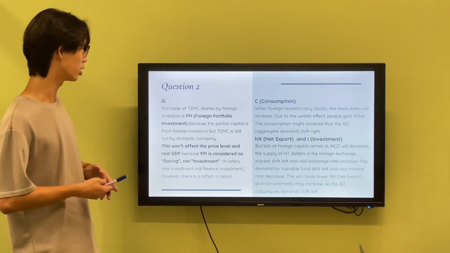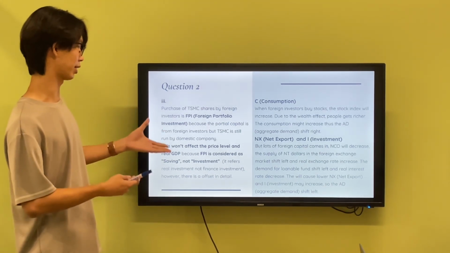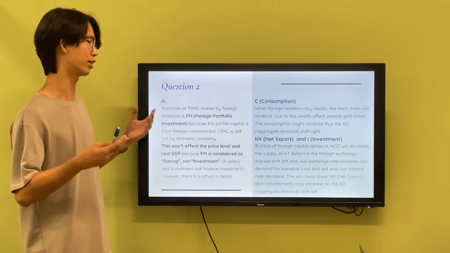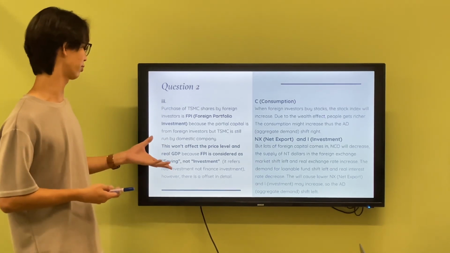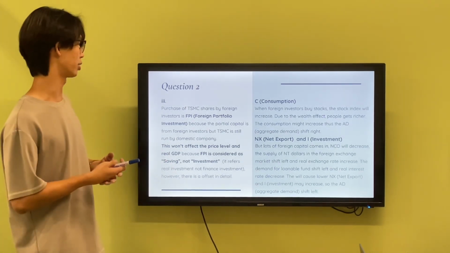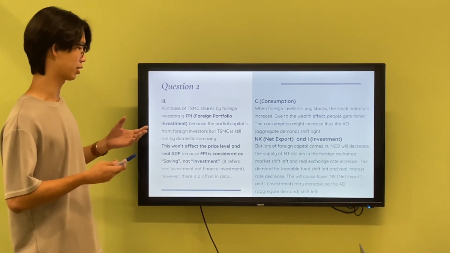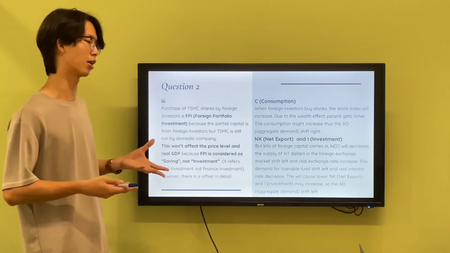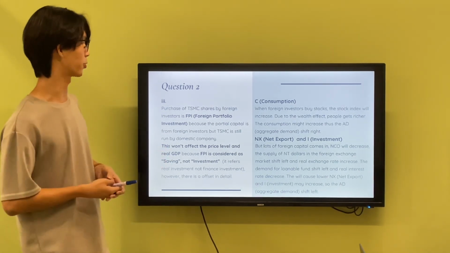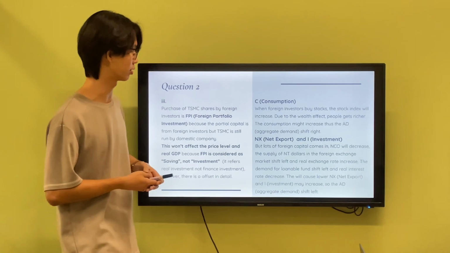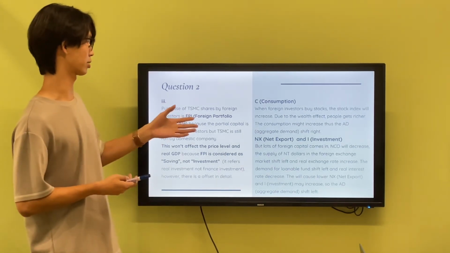Although we say that there's no real effect on the price level and the real GDP, we can still look at the details and find some indirect effects. For example, if we look at the right side, here's consumption.